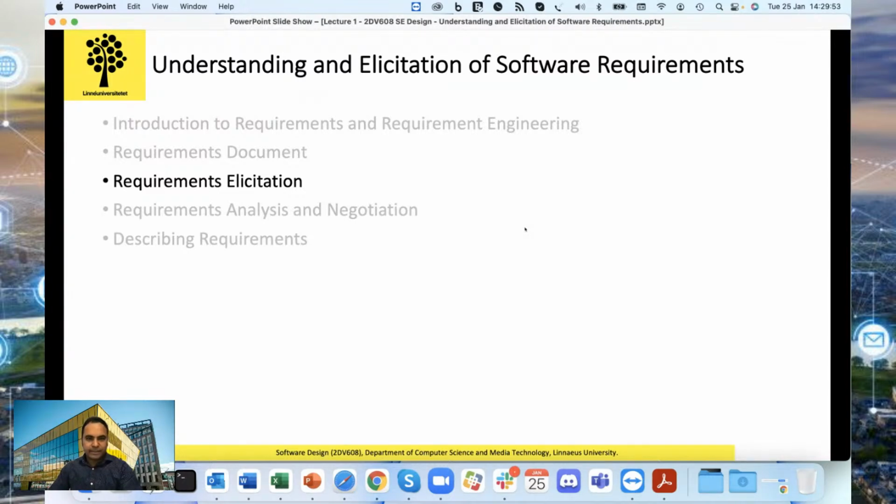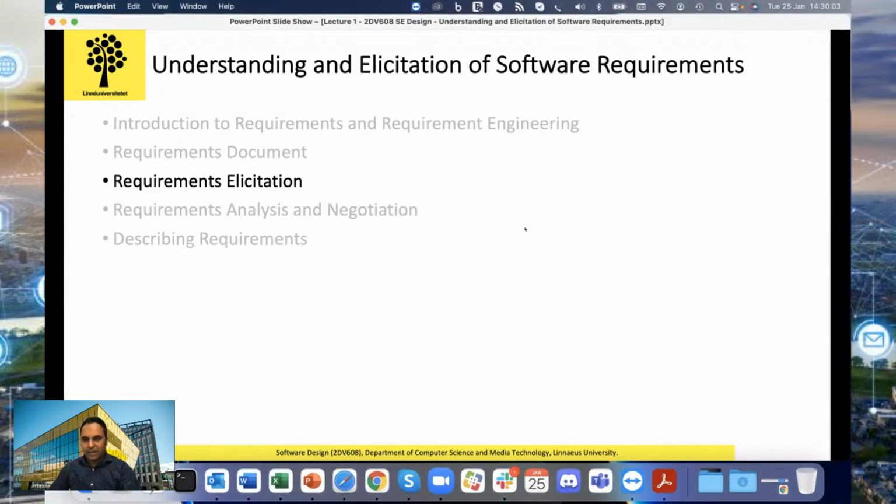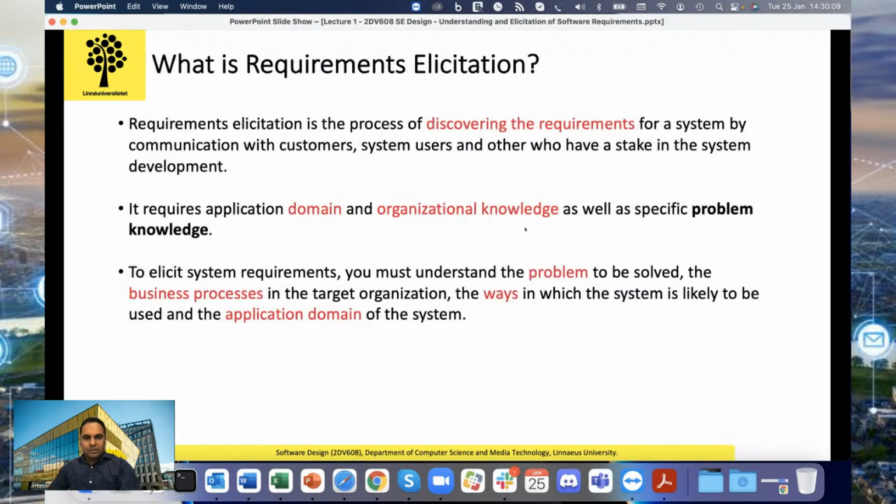And yeah, the second part of this lecture will be about how we do the elicitation and how we can analyze and describe requirements. So what do we mean by requirements elicitation? We have been talking about elicitation for a long time now.